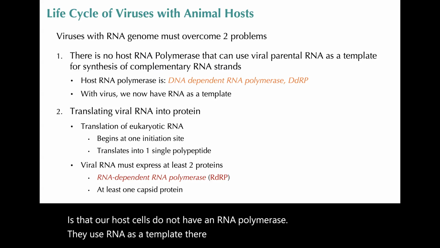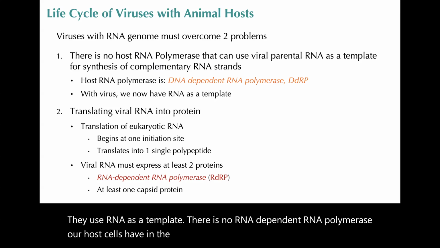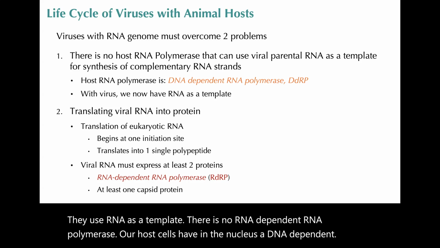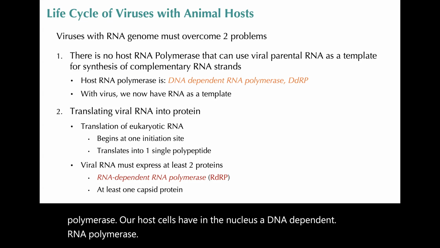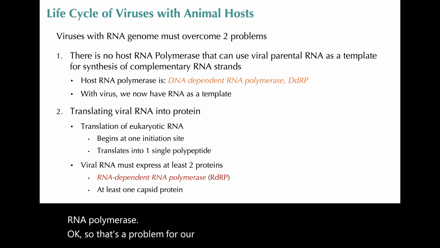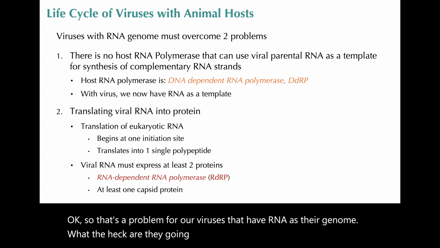There is no RNA-dependent RNA polymerase. Our host cells have in the nucleus a DNA-dependent RNA polymerase. Okay, so that's a problem for our viruses that have RNA as their genome. What the heck are they going to hijack to start making copies of their RNA?